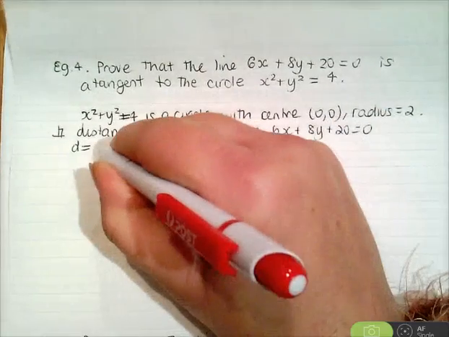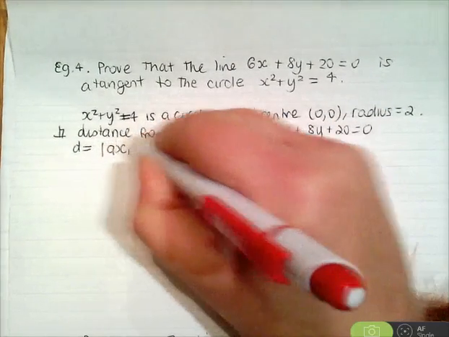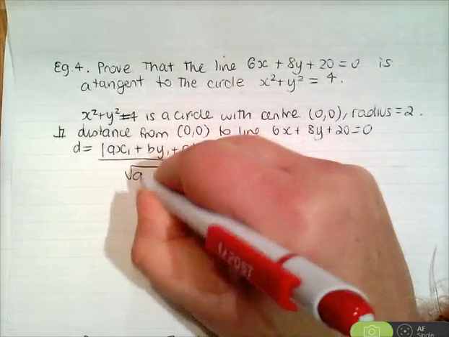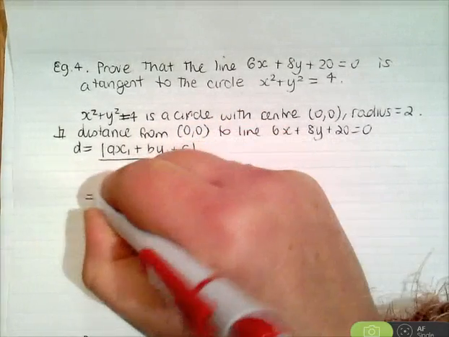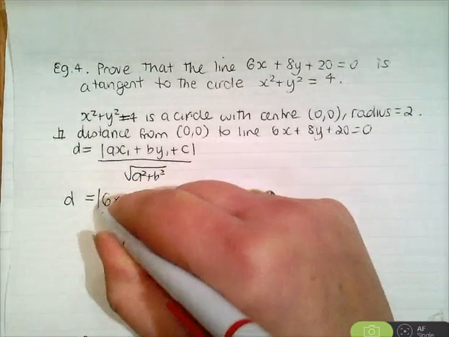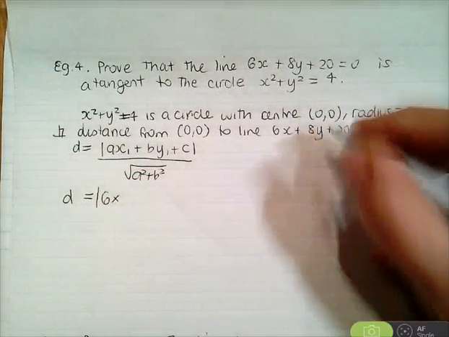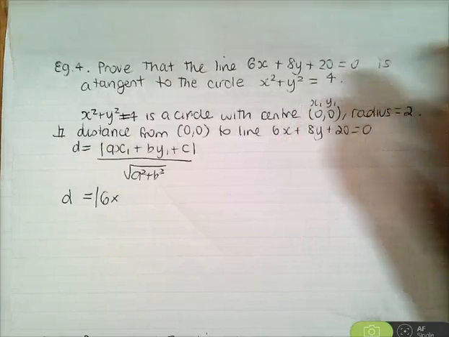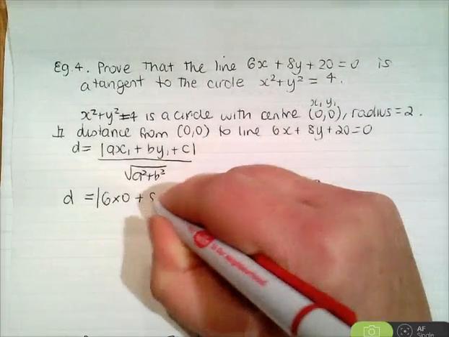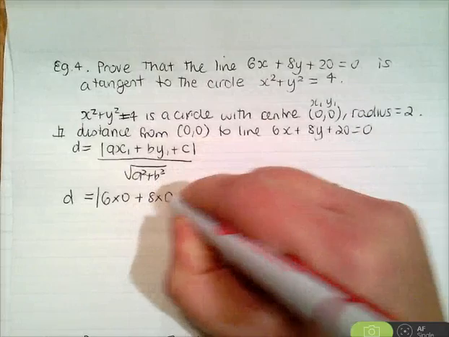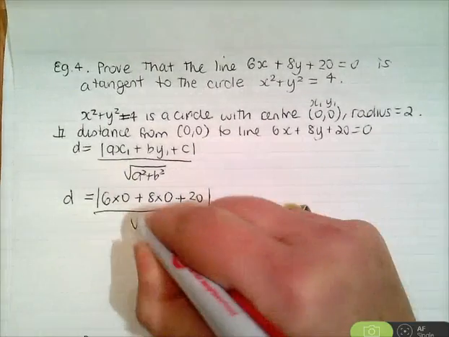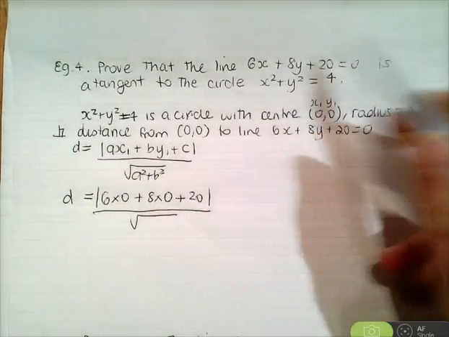Okay, so D equals absolute value of ax1 plus by1 plus c over the square root of a squared plus b squared. So that perpendicular distance is the absolute value of 6 times... Now, the centre of the circle is your point x1, y1. So 6 times 0 plus 8 times whatever y1 is, which is 0, plus c is 20, over the square root of a squared plus b squared.